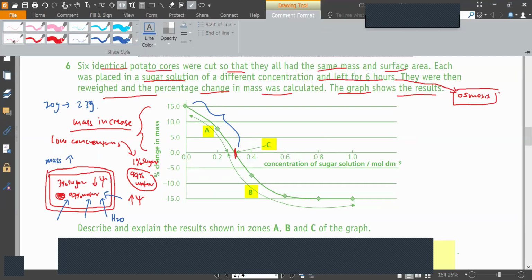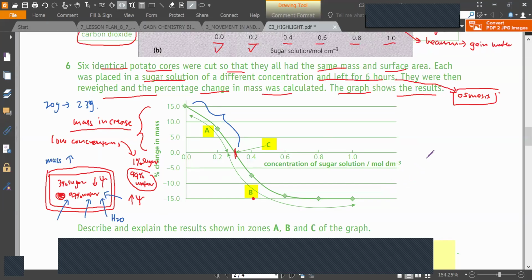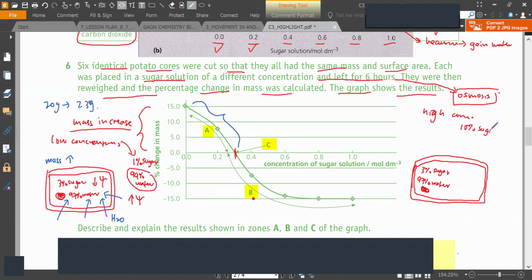How about zone B? What's happening in zone B? It's the opposite situation. Inside the cell is still 3% sugar and 97% water, and outside is high concentration, for example 10% sugar, 90% water.